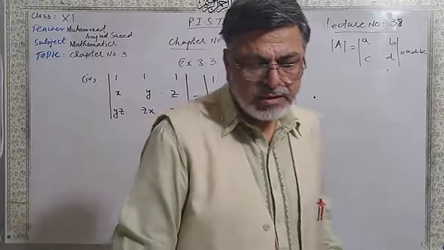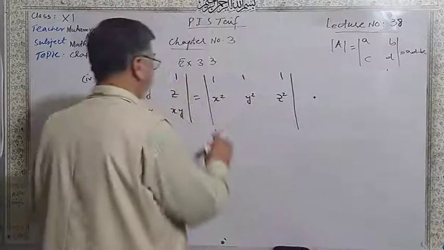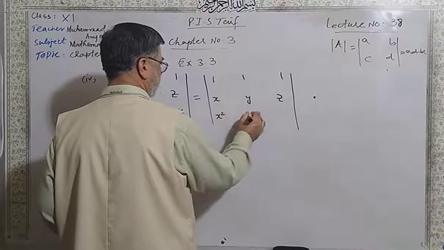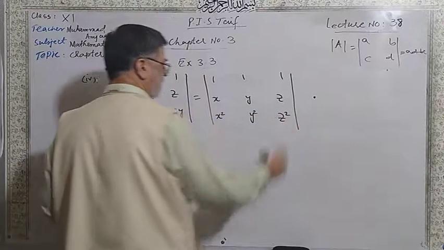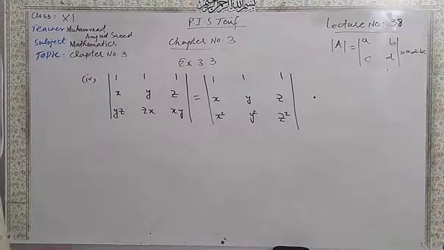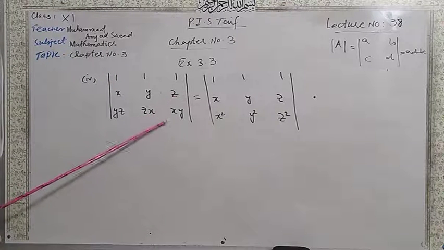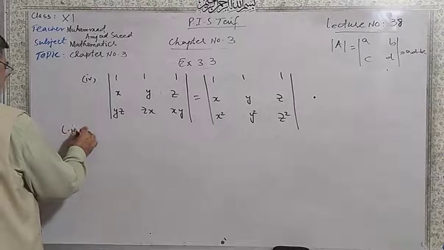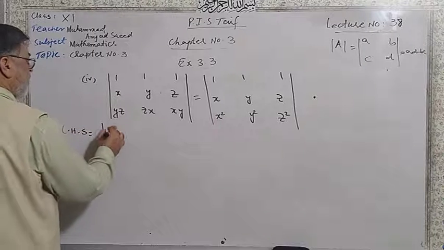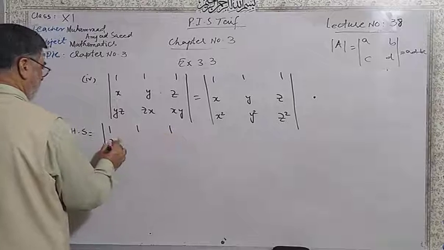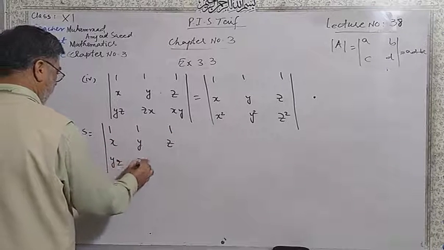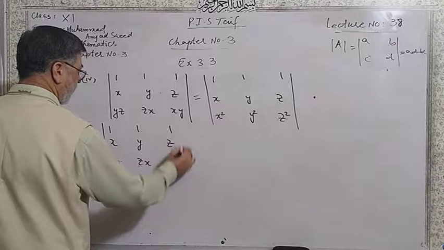Sorry, this is x, y, z, and the third column is x square, y square, and z square. Basically, we have to prove that left hand side is equal to right hand side. Left hand side. 1, 1 and 1, x, y and z, yz and zx and xy.